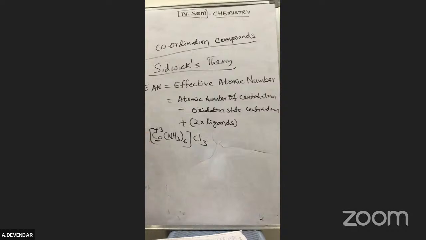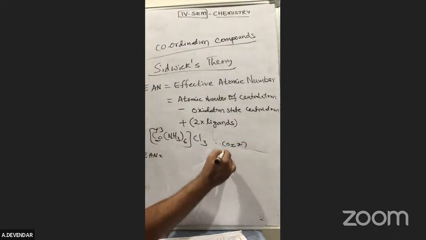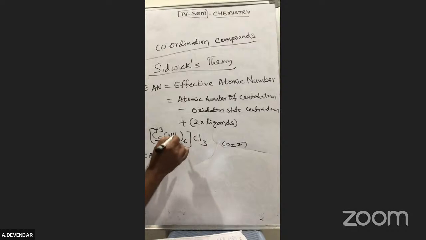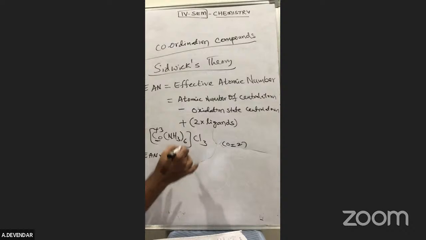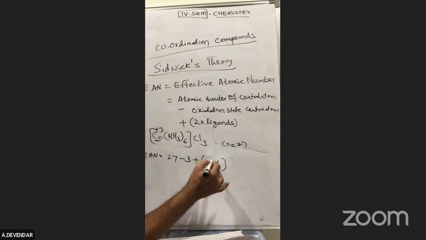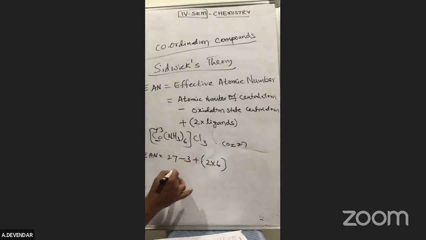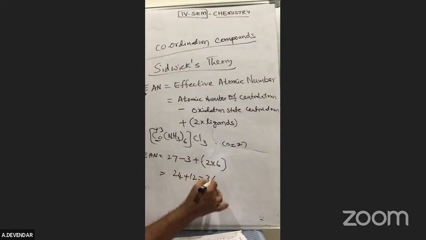Manganese is 25, iron is 26, cobalt is 27. So the effective atomic number is 27 minus 3, since the oxidation state is +3, plus 2 into 6 ligands. 27 minus 3 is 24, 24 plus 12 is 36.